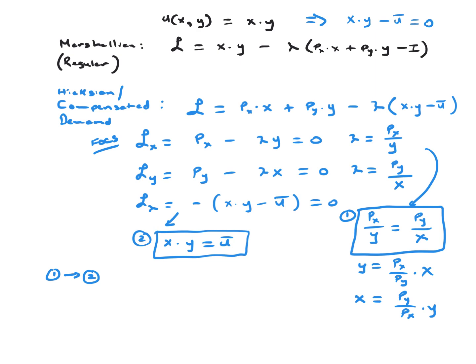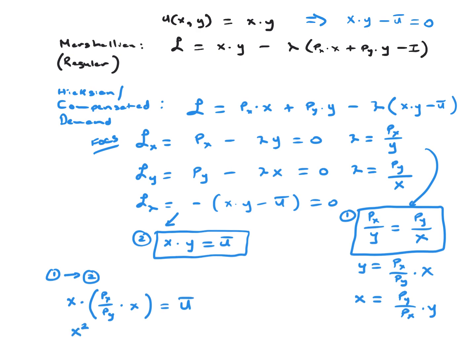So those are just two different mathematical versions of equation one. I'll take the expression where y is equal to px over py times x, and I'm going to plug that into equation two. So I'll have x times, now plug in for y, px over py times x equal to the targeted level of utility.